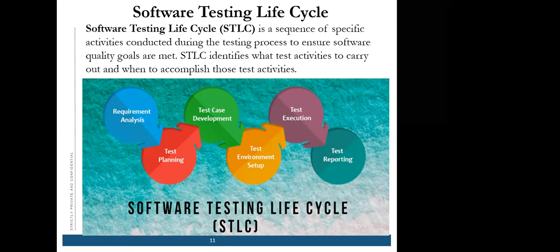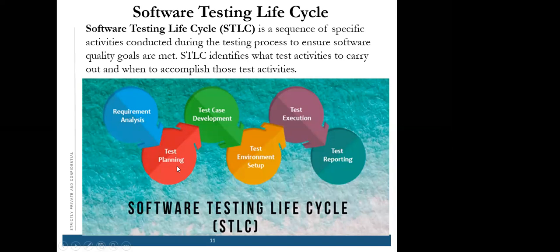After that, we have the planning phase. So, test planning. Test planning is the most important phase of the software testing life cycle, where all the testing strategy is defined. There is one more interview question: what is a test strategy, right? So the test strategy is defined here in this phase, and this phase is also called the test strategy phase.